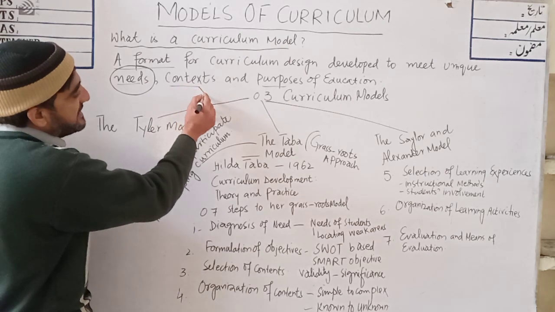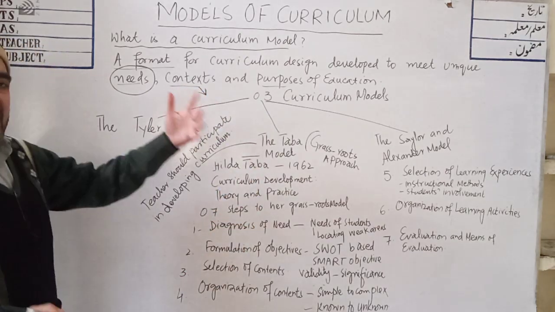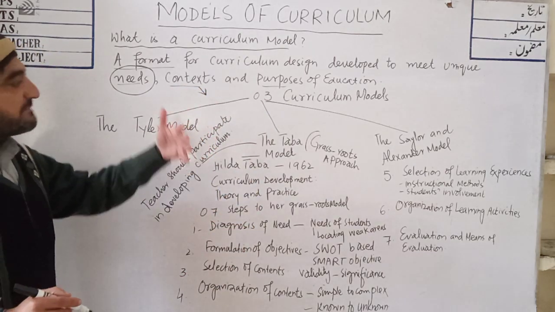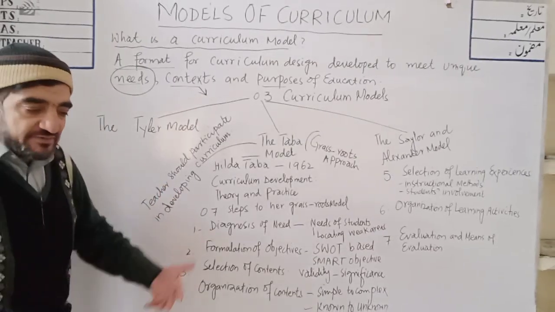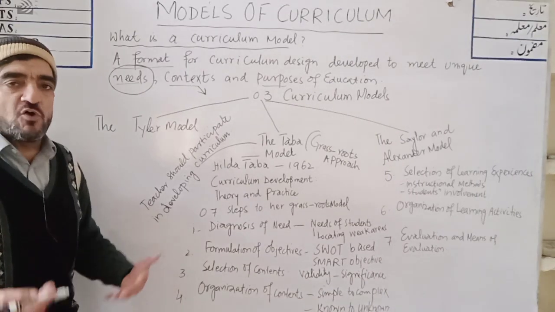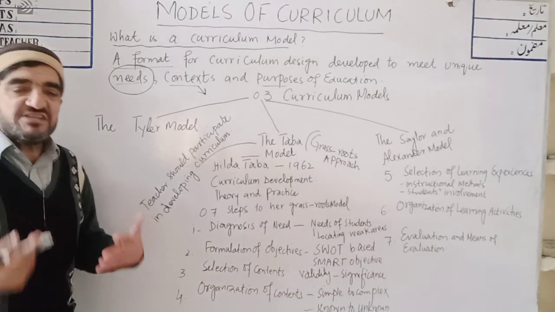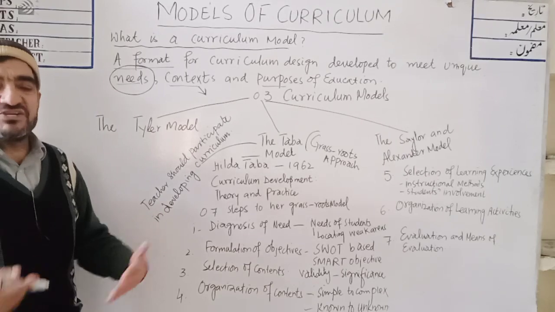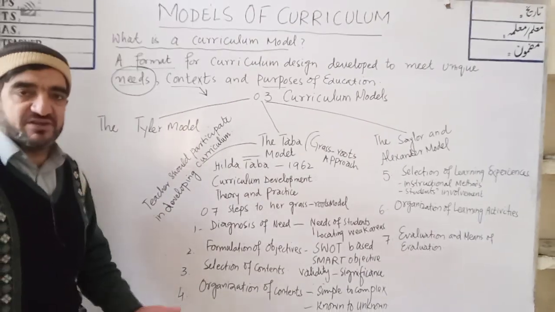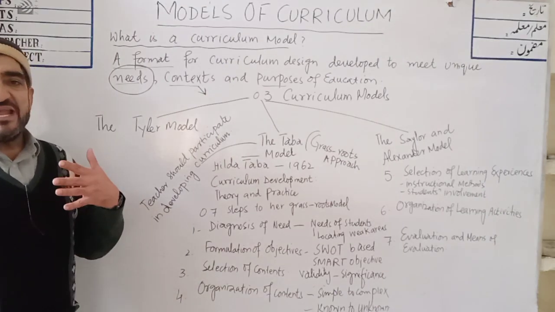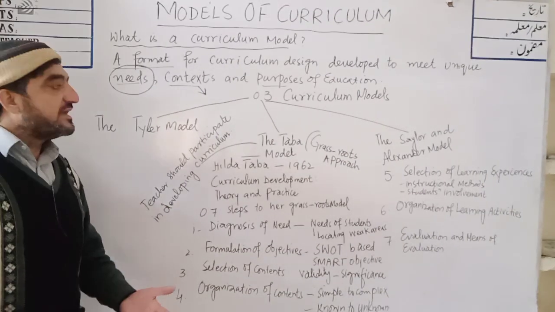Context means scenario, the prevailing situation. Now we are living in the 21st century, which is known as the century of information communication technology, the age of digitalization, the age of multimedia.